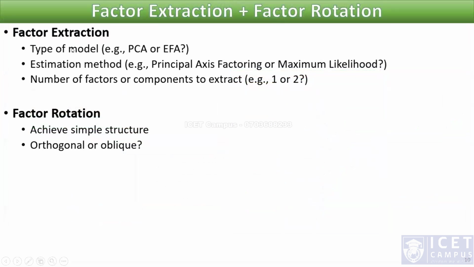Right, factor extraction types of models. Principal component analysis and exploratory factor analysis we can use.